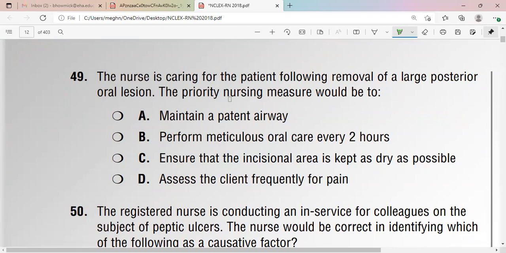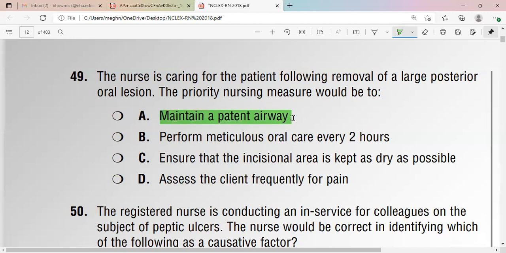The priority nursing measure would be: A, maintain the patient's airway; B, perform meticulous oral care every 2 hours; number C, ensure that the incision is kept as dry as possible; and number D, assess the client frequently for pain. The correct answer: maintain the patient's airway, right?